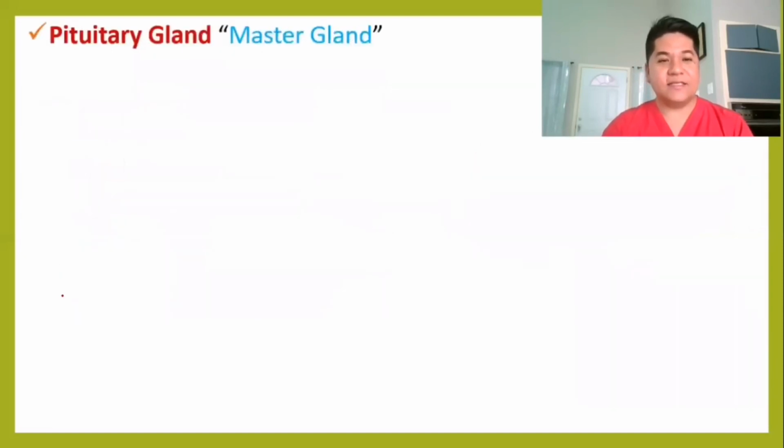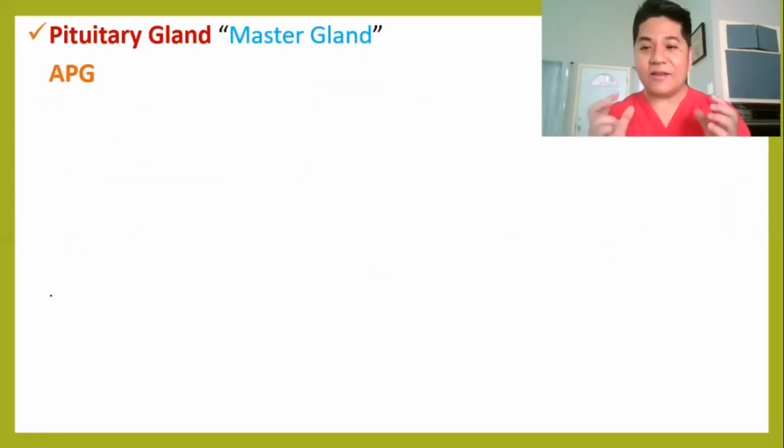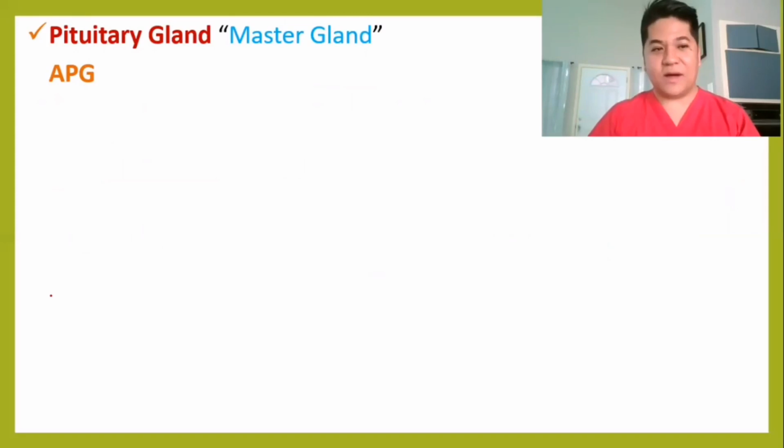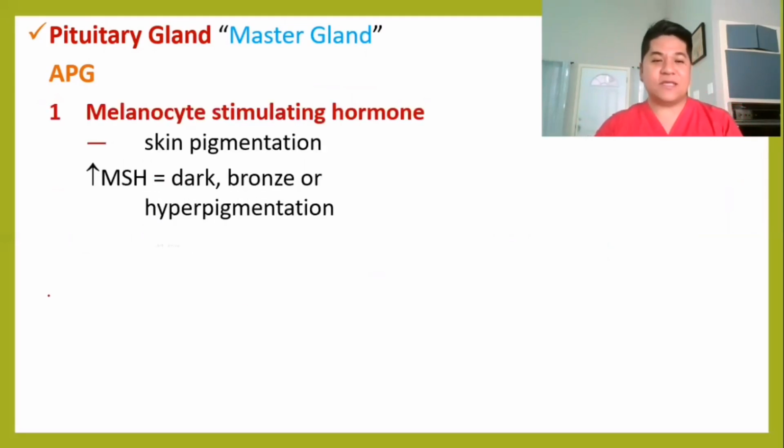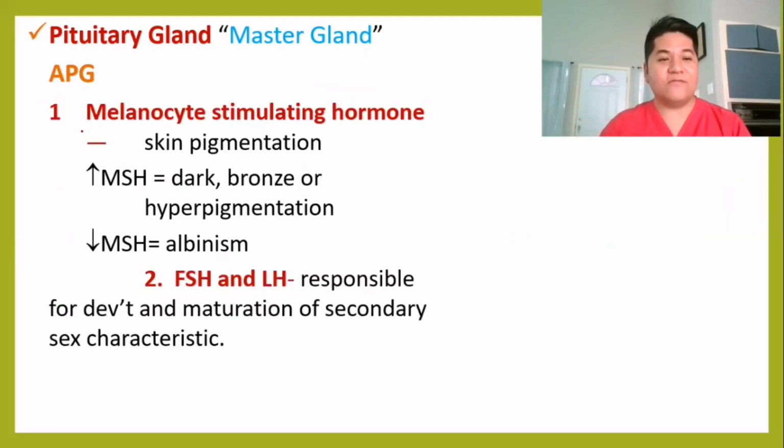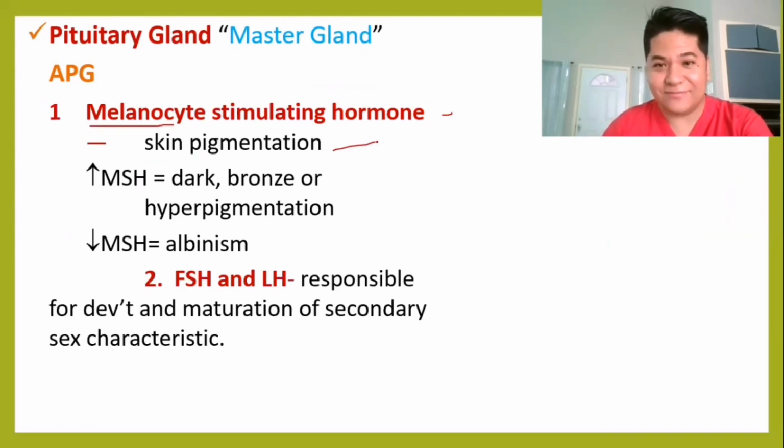Okay, next is your pituitary gland, which is called the master gland because it secretes a lot of hormones that act on parts of the body. Now, the anterior pituitary gland, let's talk about first, is the melanocyte stimulating hormone. From the word melanocyte, it stimulates melanin, which is responsible for skin pigmentation.